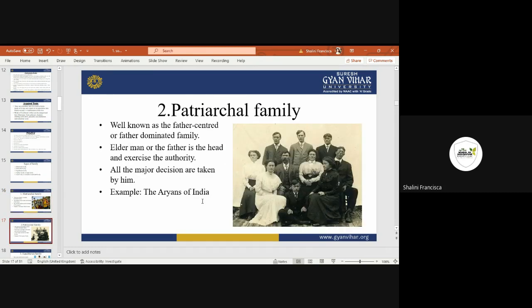Then we come to the second point, that is patriarchal family. The word gives you a very big idea about what a patriarchal family includes. We know it as the father-centered or father-dominated family. The elder man or the father is the head and exercises the authority.